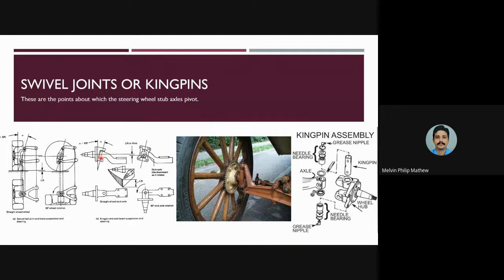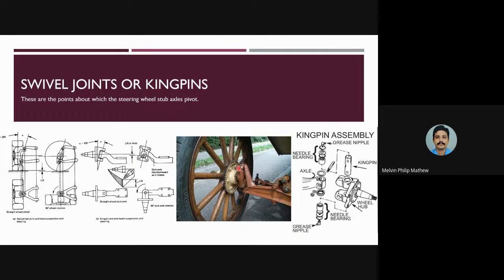From this diagram you can see the kingpin is mounted into this part here. So this is how the wishbone is replaced by the swivel joint or kingpin joint.